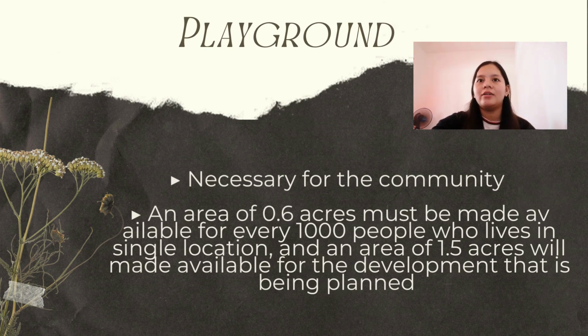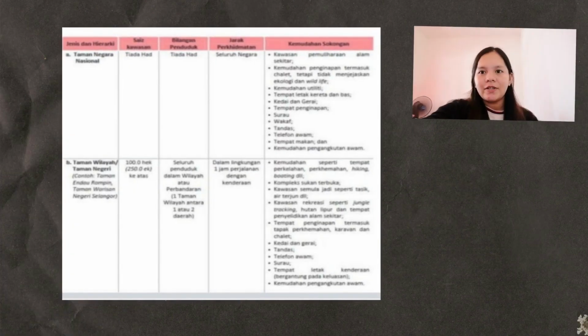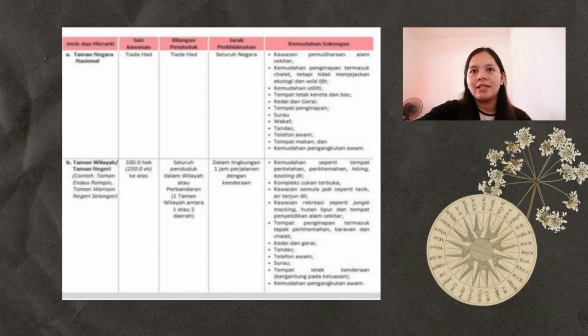In accordance with the Selangor State Planning Guidelines and Standard Manual, an area of 0.6 acre must be made available for every 1,000 people who live in a single location, and an area of 1.5 acre will be made available for the development that's being planned. So here we can see the Selangor State Planning Guideline and Standard Manual playground that we must follow.